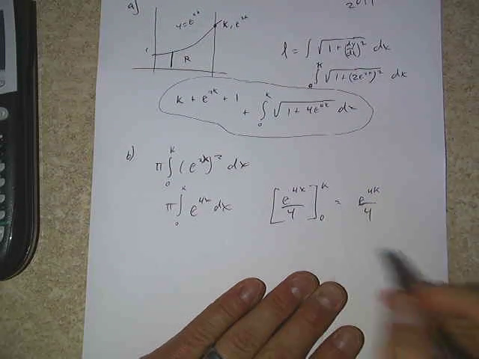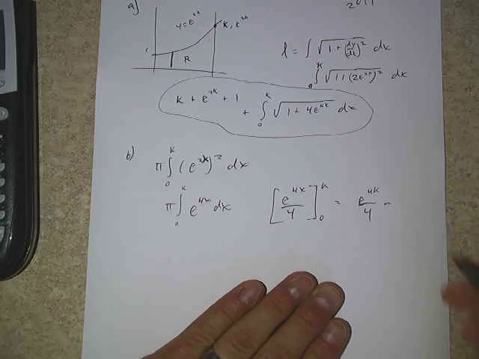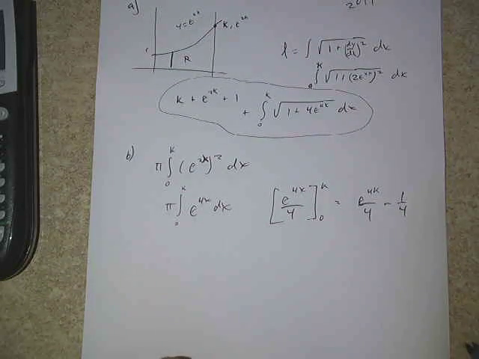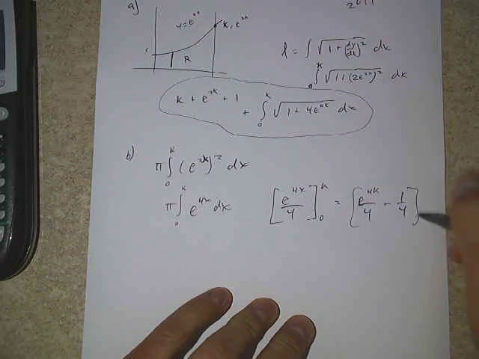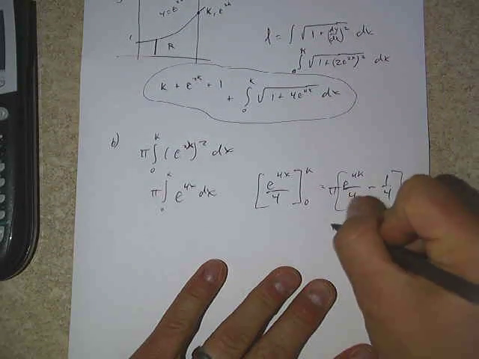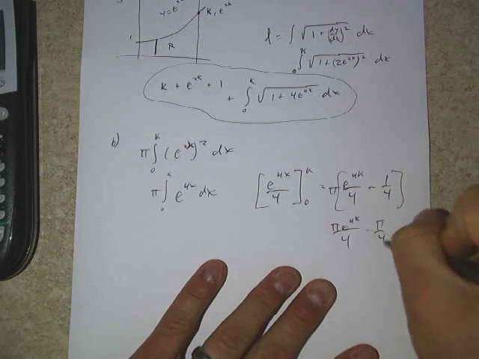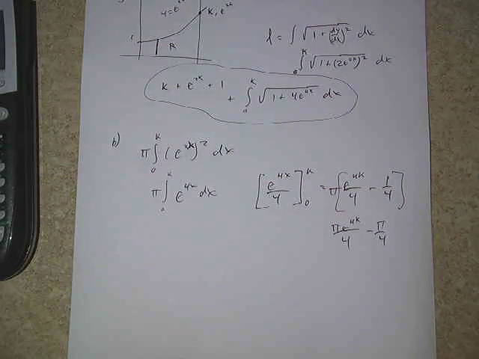And if we put in a 0 and a k, we'd get e to the 4k over 4 for the first part, and then minus, if I put a 0 in there, e to the 0 would be 1, so it would be 1/4. And of course all that is times pi, still have a pi out in front. So it should be pi e to the 4k over 4 minus pi over 4.